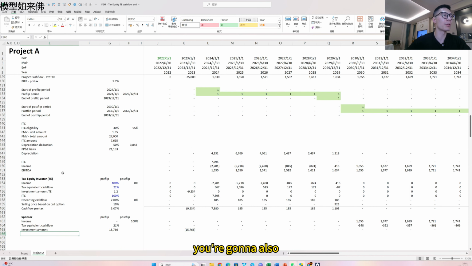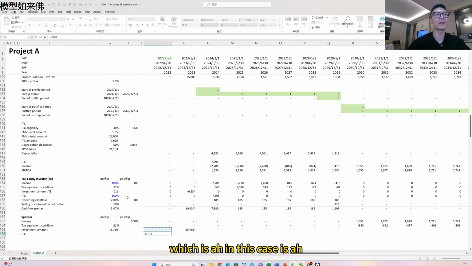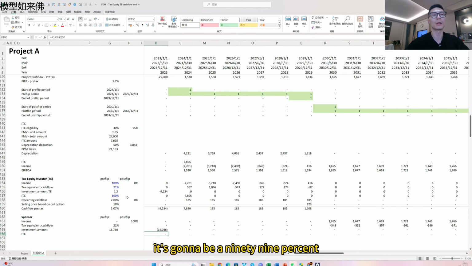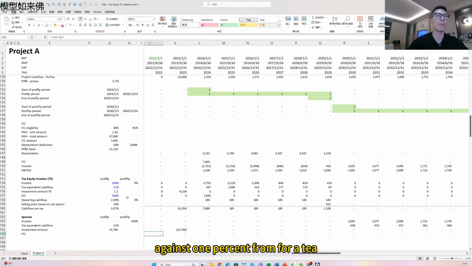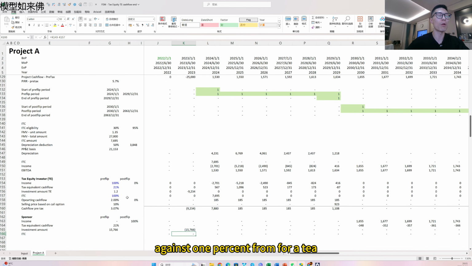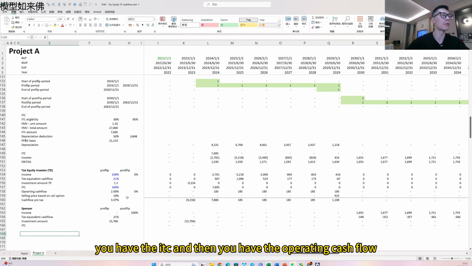You're also going to have the ITC, which in this case is 0. But normally in some real case, it's going to be 99% against the 1% for the TE investor and sponsor. You have the ITC and then you have the operating cash flow.